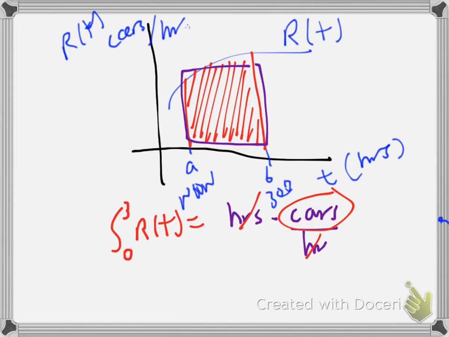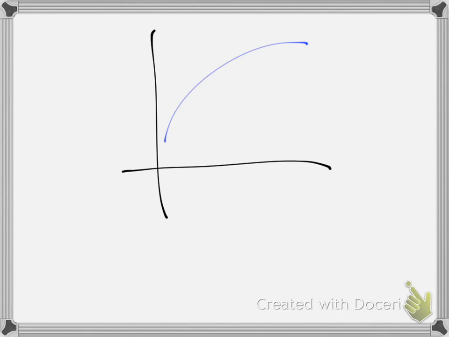Okay, so let's take it one step further. Let's just say this guy represents r prime of t. Okay, r prime of t, and then let's say this is our A and this is our B. And r prime of t then would be cars per hour.